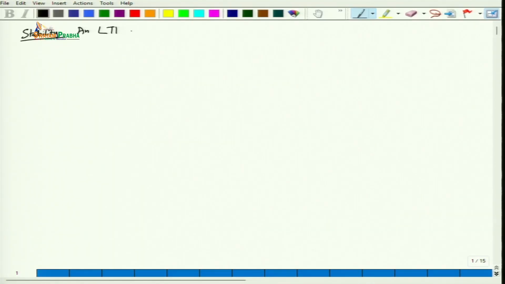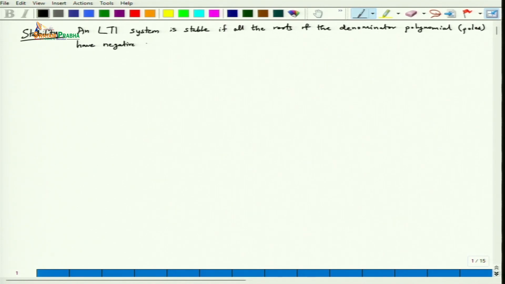An LTI system is stable if all the roots of the denominator polynomial, which are also called poles, as we discussed in the preceding classes, have negative real part.